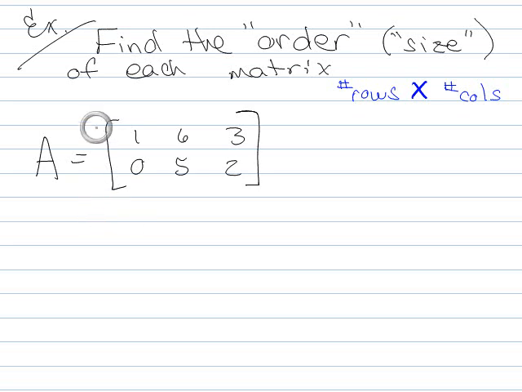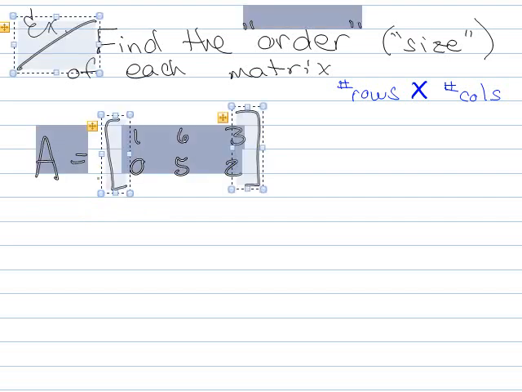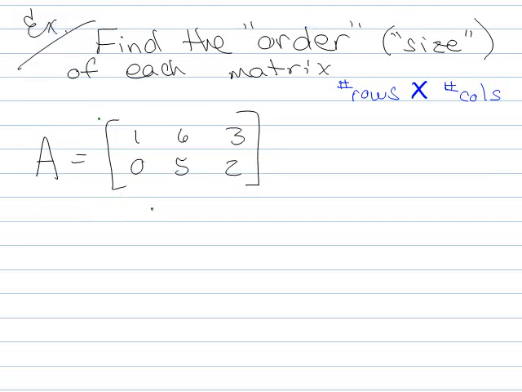Down. All right, so I've got 1, 2 going down, so it's a 2 by, and then going across, we have 1, 2, 3, so it's a 2 by 3. A 2 by 3 matrix.